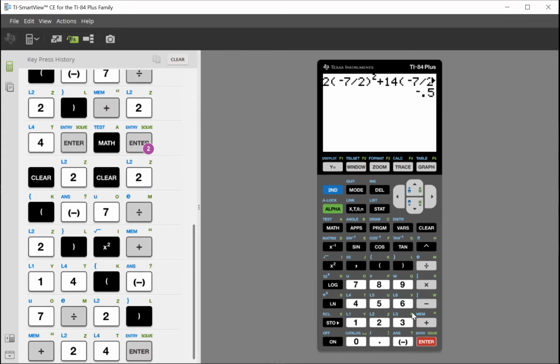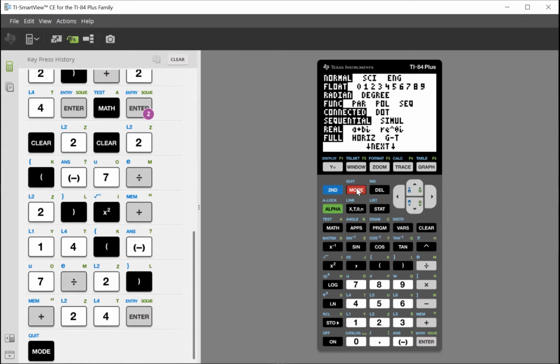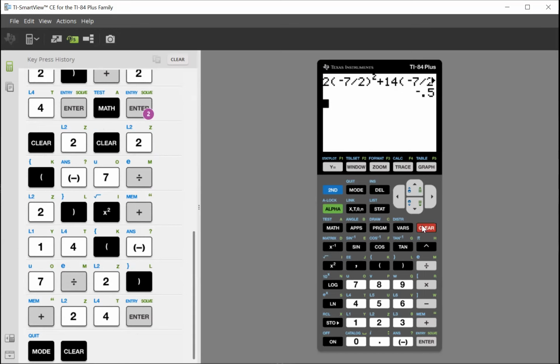Okay, so I'm wondering, go to mode, click that mode button, and make sure it's on float. Is it on float? It's on float. Okay, so then clear that screen and hit enter. -1.